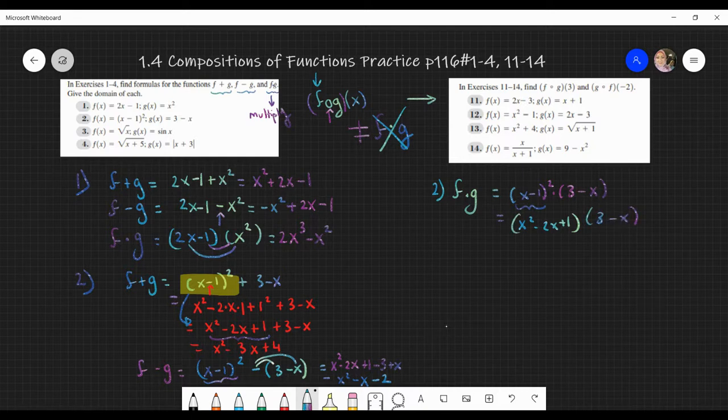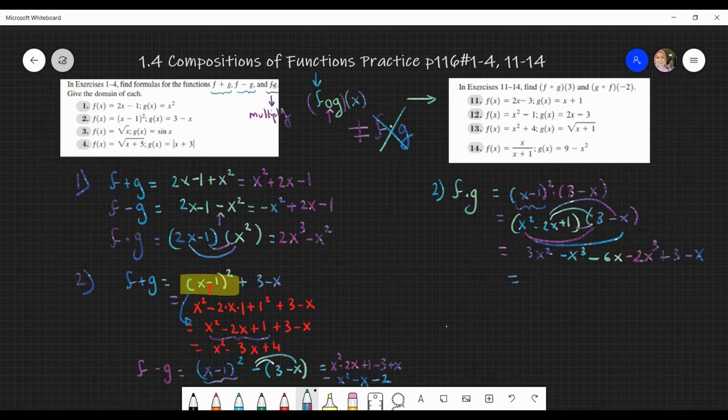So here I'm going to FOIL. I have no choice. So x squared times 3, 3x squared times negative x, that's negative x cubed, and so on. So you can keep track, negative 2x times 3, and that will give us negative 2x cubed, and plus 3 minus x.